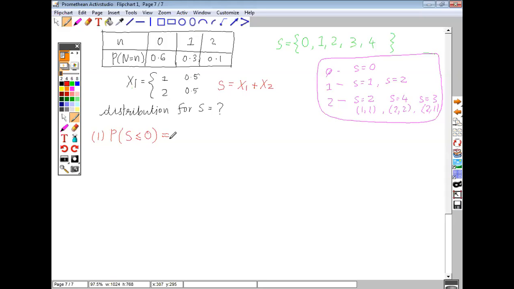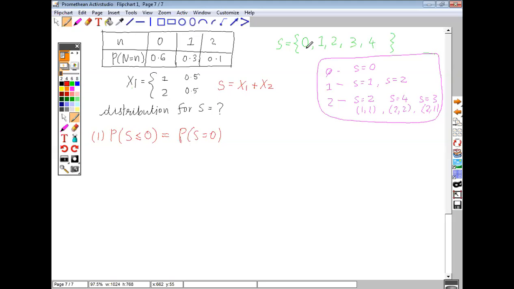Yeah, I can rewrite this as probability that S equals 0, of course, because the probability that S less than 0 is 0, and we know that. But I wasn't talking about this. I was talking about the assumption that was implied when you say that the probability that S will be 0 is 1 upon 5.